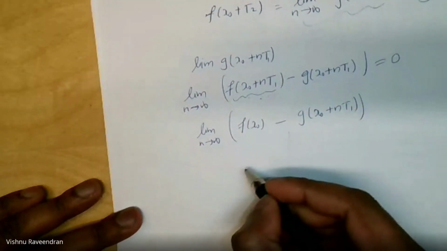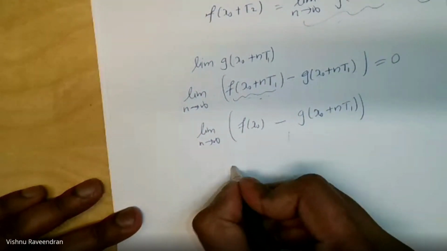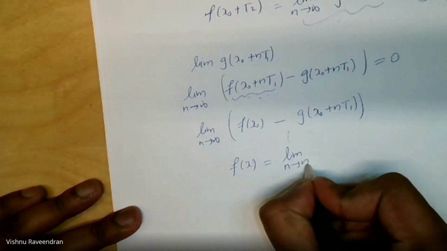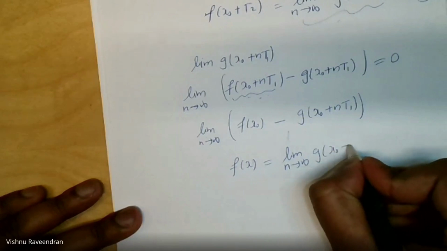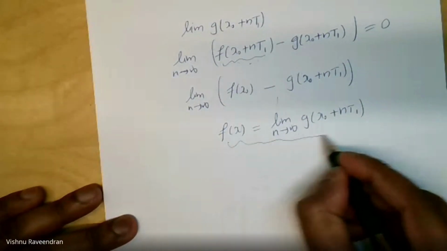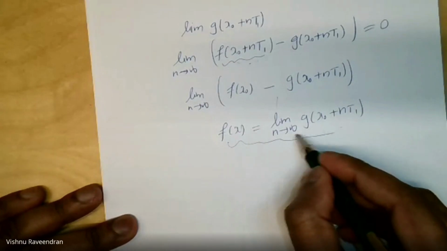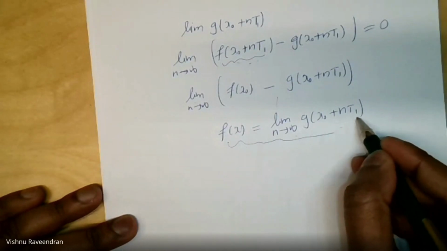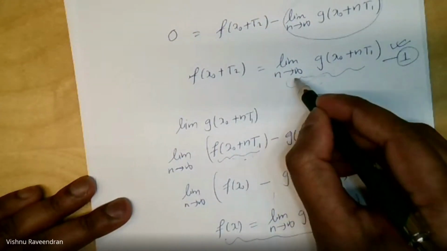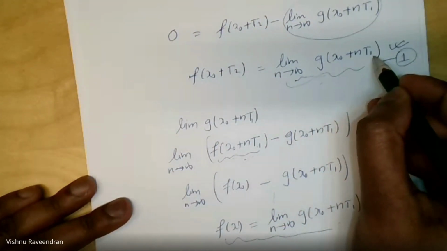So from here, what I get, you can take this limit inside, limit n going to infinity g of x naught plus nt1. So I got f of x naught equal to limit n going to infinity g of x naught plus nt1. That term you can see here also, limit n going to infinity g of x naught plus nt1.